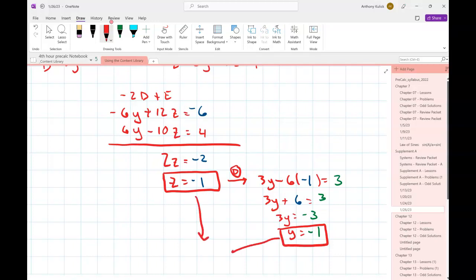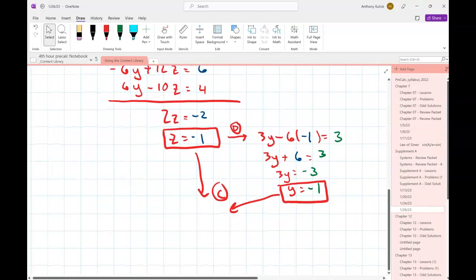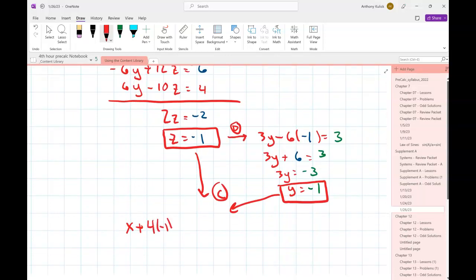And then we'll plug both of these back into one of them. I'll say equation A maybe. No, let's do C. C was the one with the coefficient of 1, wasn't it? Let's do that one. So I have x plus 4 times negative 1 minus 6 times negative 1 equals negative 1.